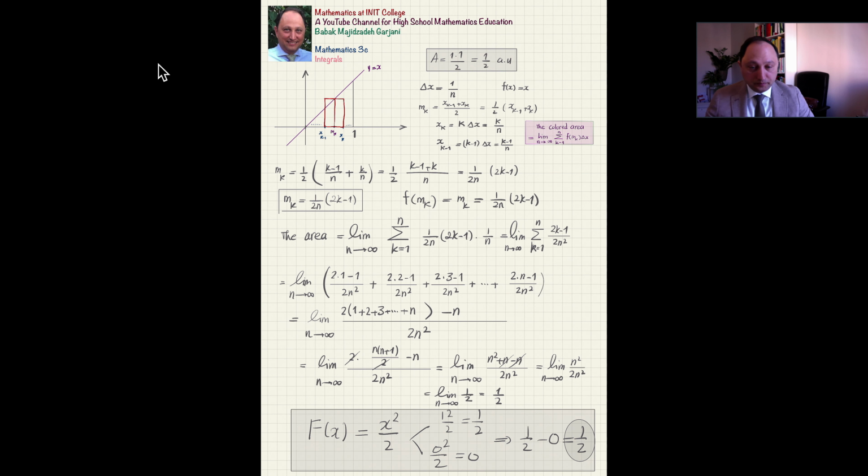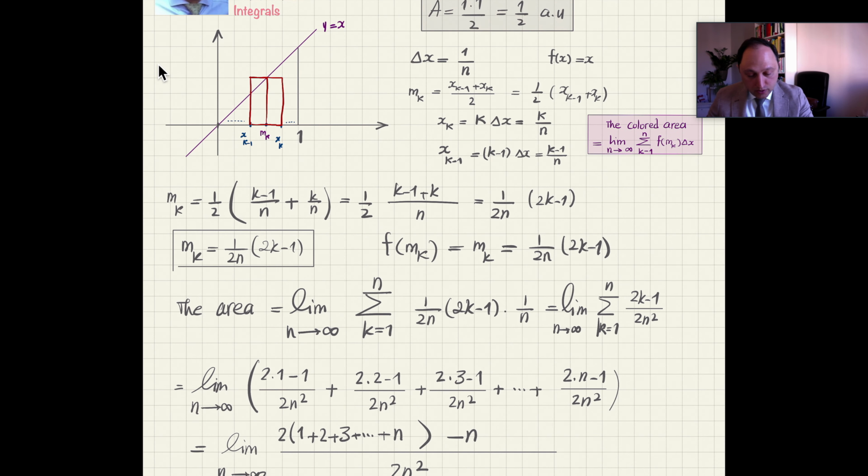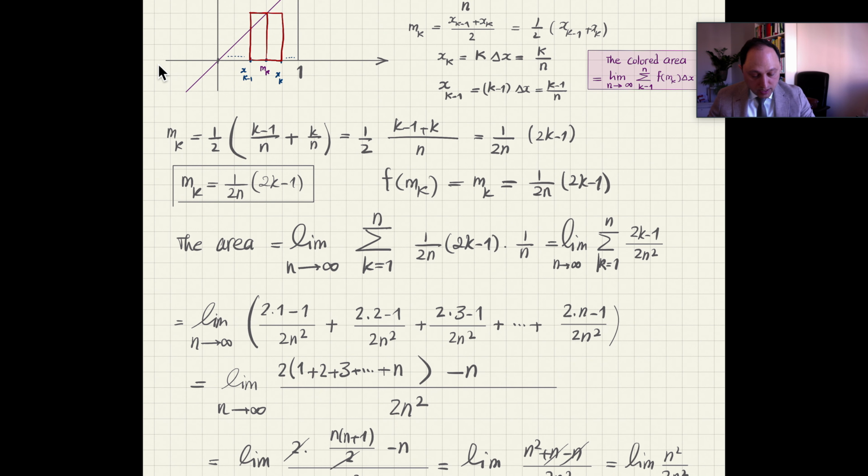This is the main important thing that we want to come up with here. So this method sooner or later will fail. The reason we were lucky is that here we came up with a sum that we know how to calculate.